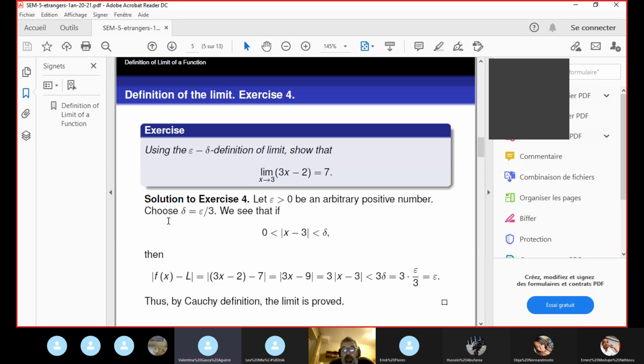No, stop. 3 is the limit as x goes to 3, you see? But 3x minus 9 is 3 multiplied by x minus 3. Agree? Yeah. So we keep 3. We don't touch 3. But the absolute value of x minus 3 has to be small, has to be less than delta, in the framework of our definition.